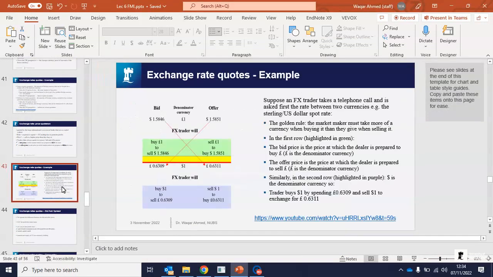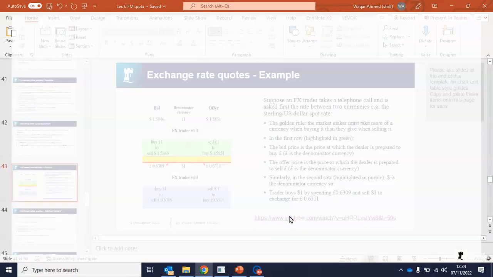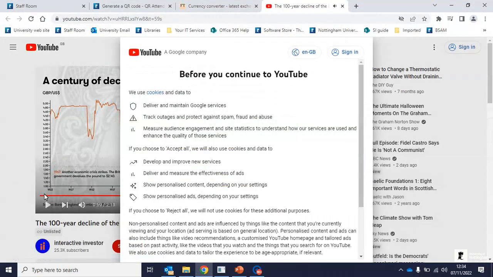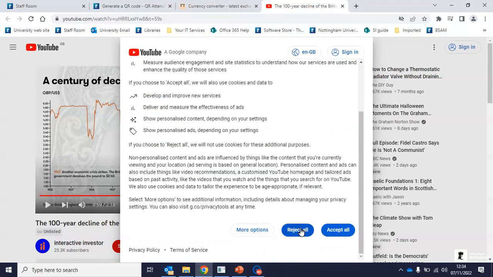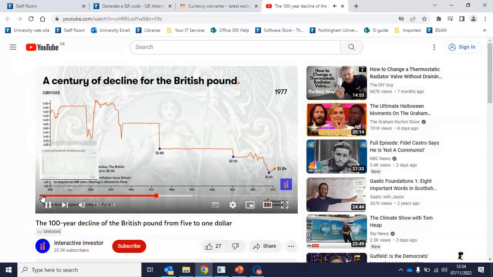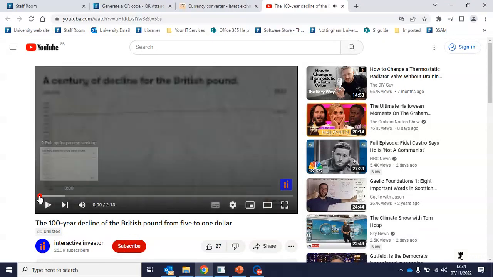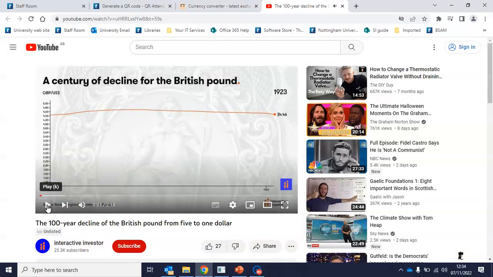So this is the historic exchange rate between the British pound and the dollar. It's a century, called a century of decline for the British pound. So the pound has declined over the last 100 years or so against the dollar.